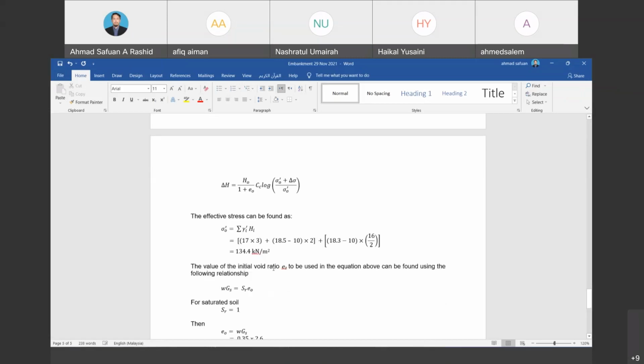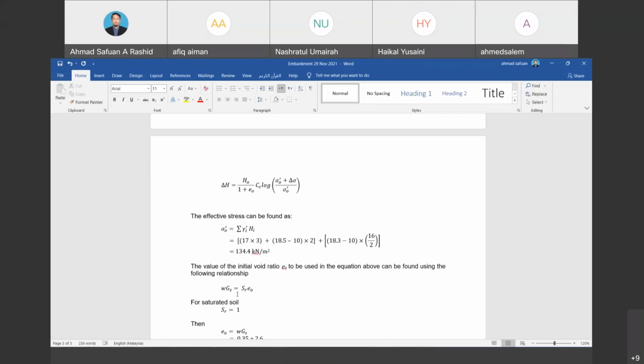The value for the initial void ratio, e naught, to be used in the equation above can be found using the following relationship. This is the common equation to determine either w, Gs, S or e naught. For this case, we want to get e naught. We have been provided with w and Gs.